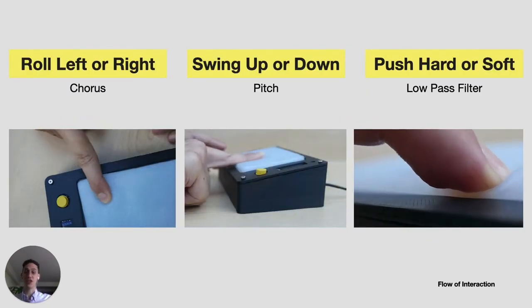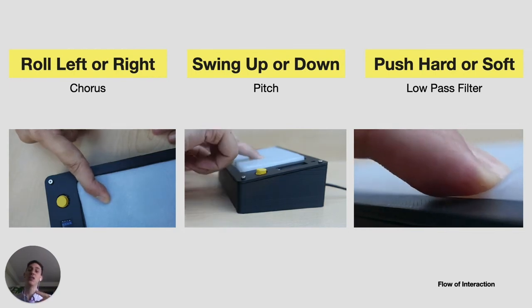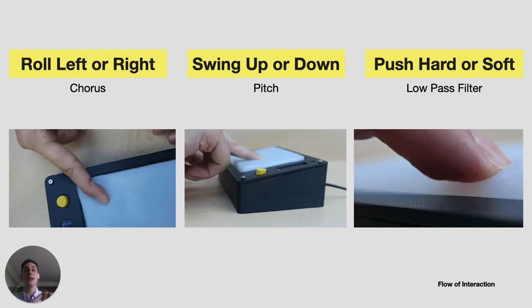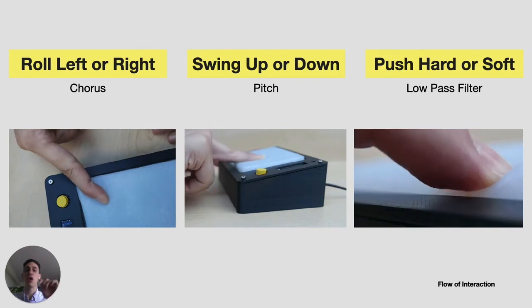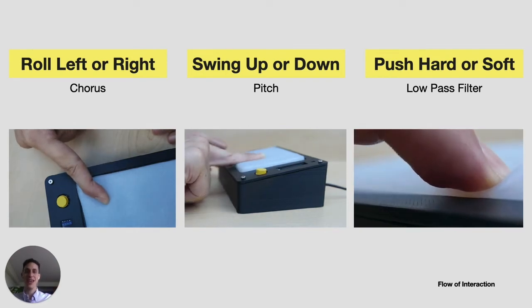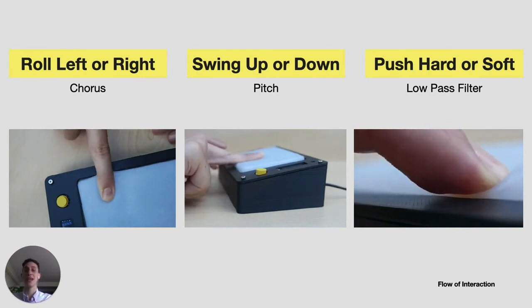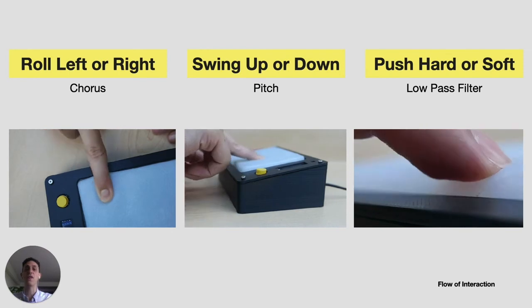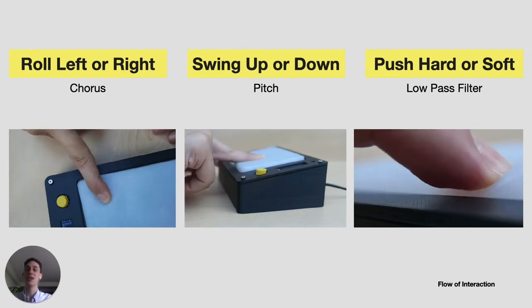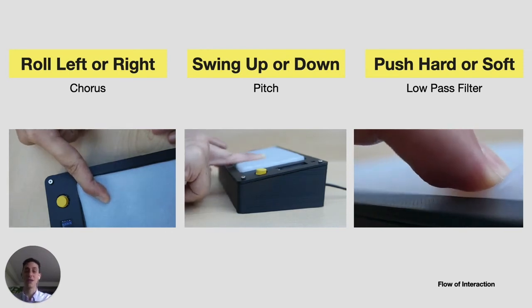And within each section, you can roll your finger left and right to add a chorus, swing it up and down to change the pitch, and press harder to add a low-pass filter. These interactions are happening on a silicone pad, not on a flat surface, and that makes it very different from existing XY pads. The unique affordances of this concept create new ways of interacting with sound, and the best part of it is, this is all happening live.